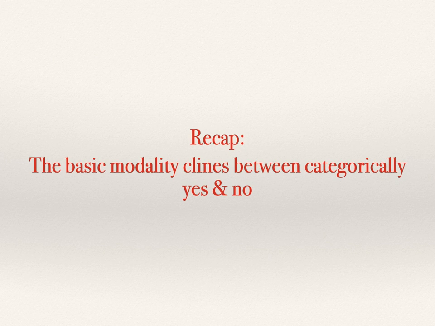But in between, you have a scale, a cline or continuum, a space that's constructed by the system of modality, giving language users, speakers and their addressees more space to negotiate between positive and negative.